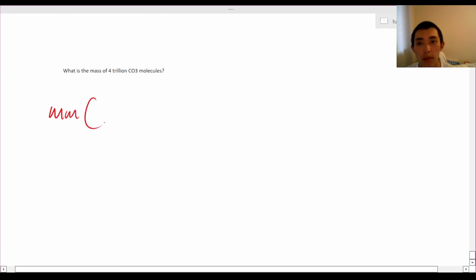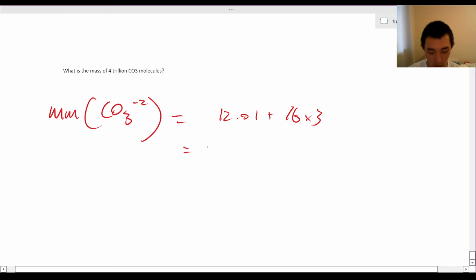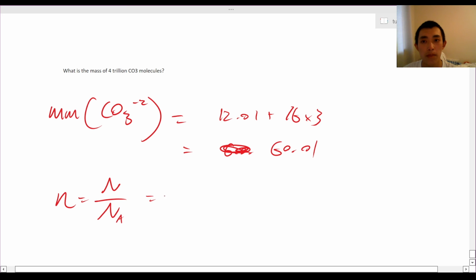First we have to find the molar mass of CO3, which is going to equal 12.01 plus 16 times 3, which is 60.01. Do not round it to 12, you're going to get the wrong answer. So moles is equal to this.